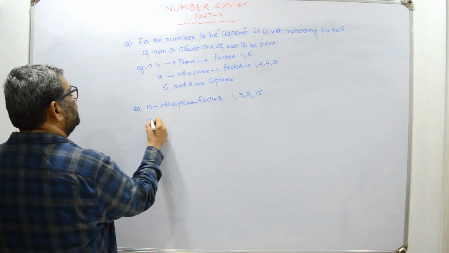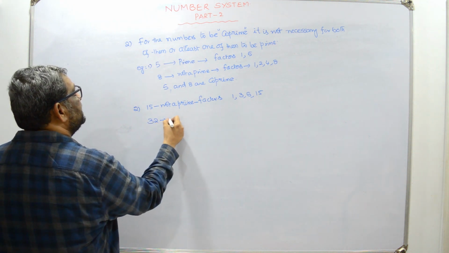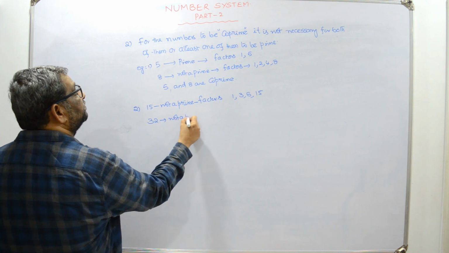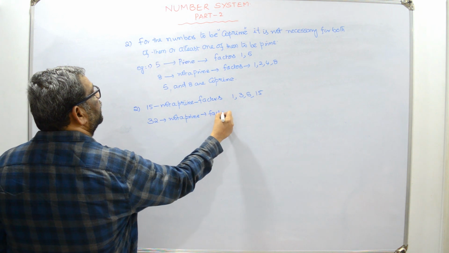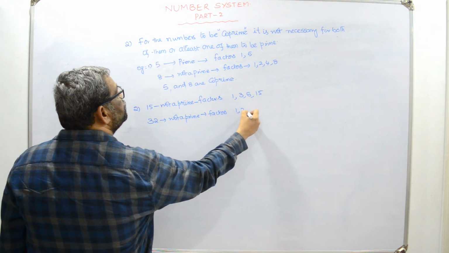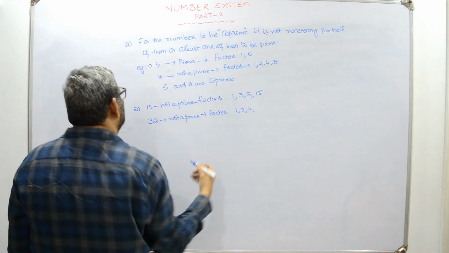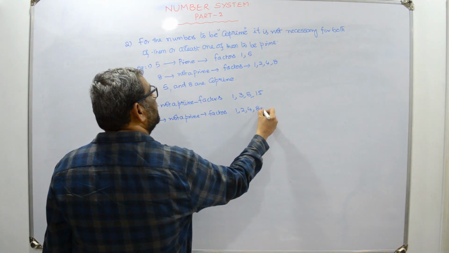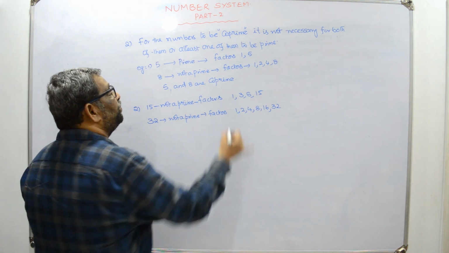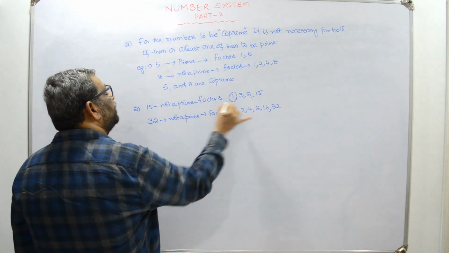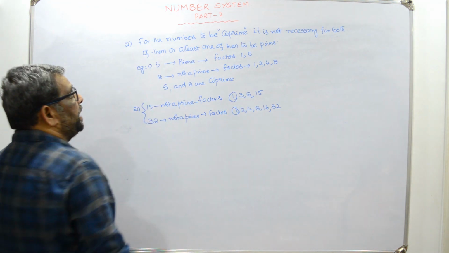You take 32. This is also not a prime. Take the factors: 1, 2, 4, 8, 16, 32. So 1 is the only common factor. So these two are also co-prime.